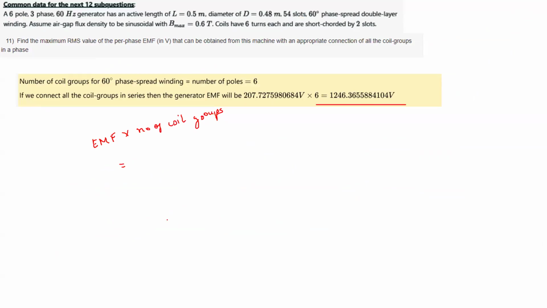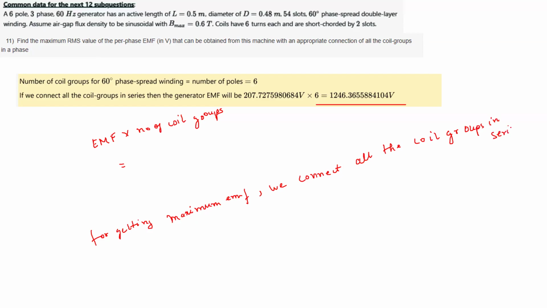So for getting maximum EMF, we connect all the coil groups in series.